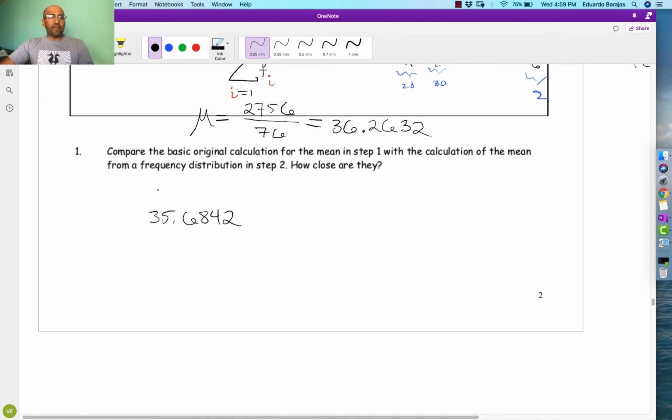So this is the actual answer, the real mean, whereas this is an approximation.